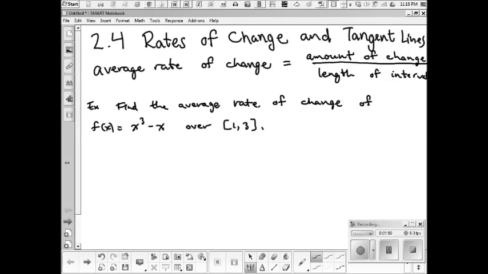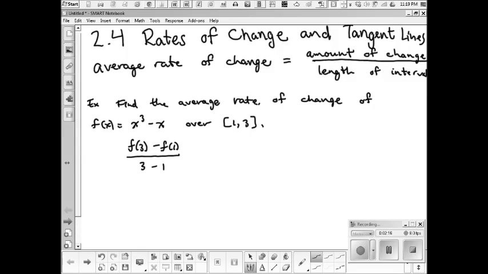So basically we have a certain amount of change in the function. So the function will change from being f1 to being f3. So the difference will be f3 minus f1. And the length of the interval would be 3 minus 1. So this would be the average rate of change.